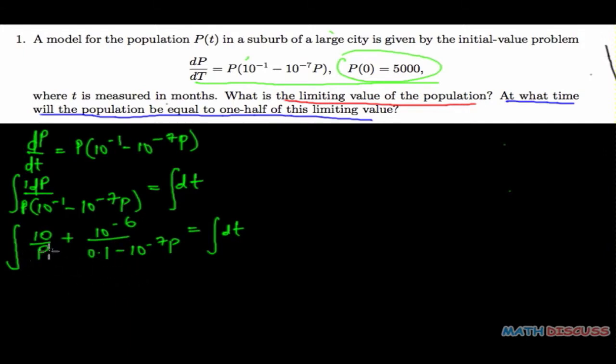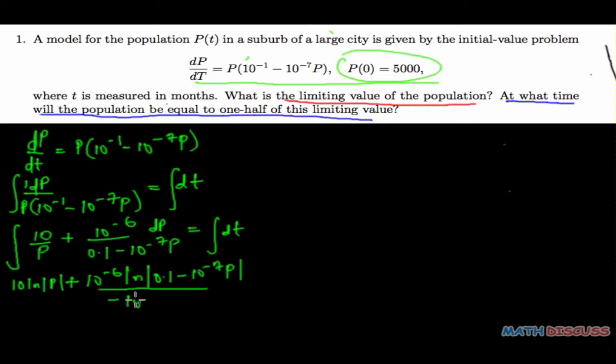Then we integrate. Integrating this, we have 10 ln P plus 10 to the power negative 6 times ln of (0.1 minus 10 to the power negative 7 P), divided by minus 10 to the power negative 7 when we differentiate, equals t.